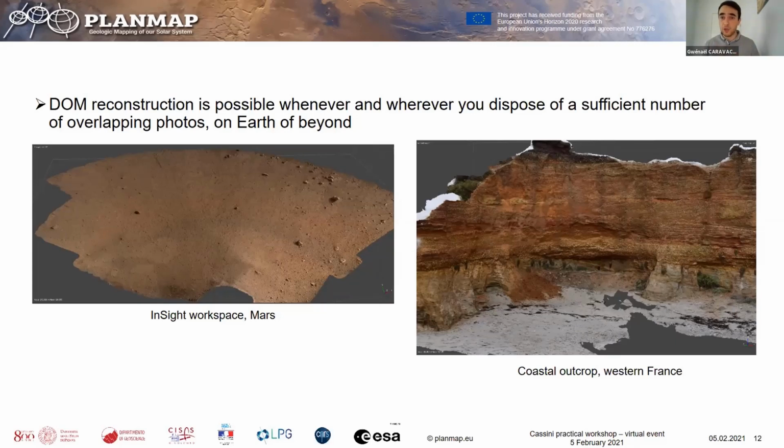And on the right, you have another Earth-based model, which is a coastal outcrop here in Western France. So you can see the sizes are differing. For InSight, we have about a 3 to 4 meter wide area, whereas here in France, we have a coastal outcrop which is 50 meters wide, just because we were able to take a lot more images, because we were able to go there.